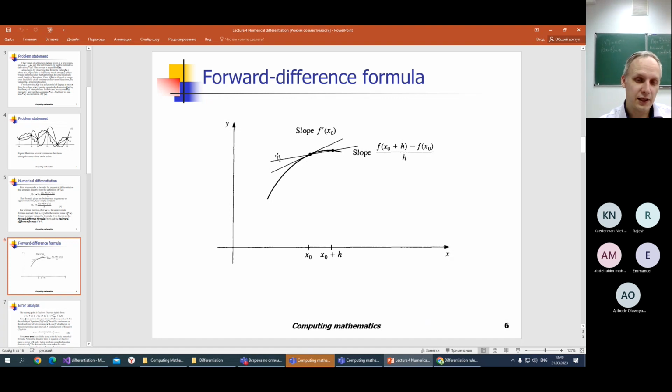The slope of this line will be closer and closer to the slope of the real tangent line. When these 2 points become closer, it means when h becomes smaller.